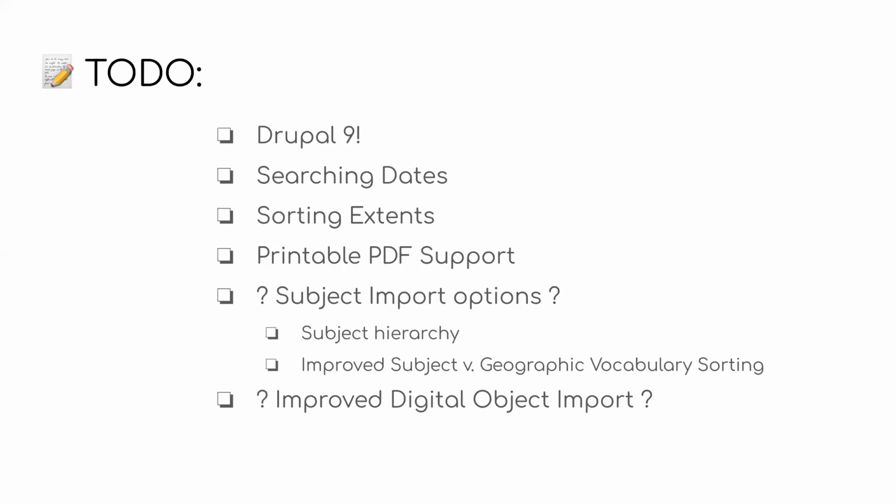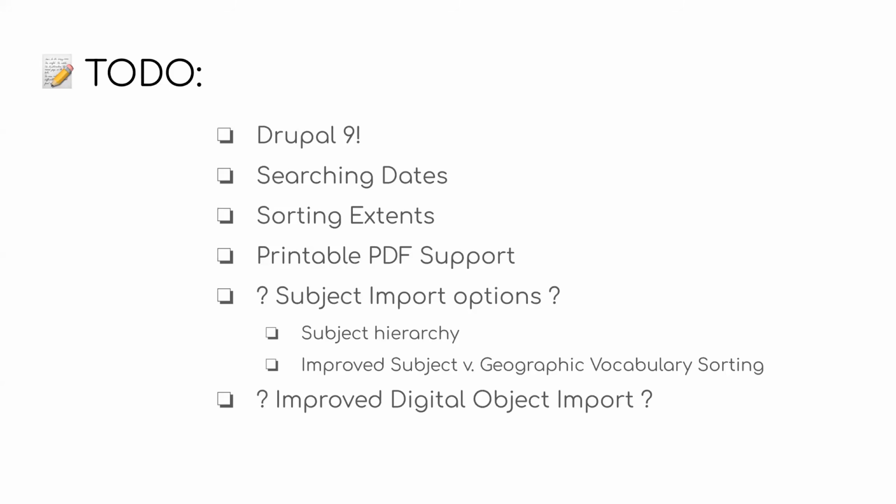Nesting those together, because that enables some real good power with searching to say, hey, I'm interested in Las Vegas, but I also want you to include in my search all these other subject terms that are children of it as well. So being able to pull that in more automatically would be nice.